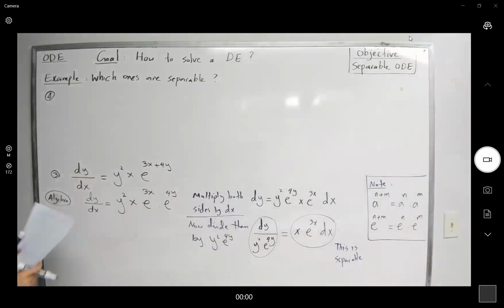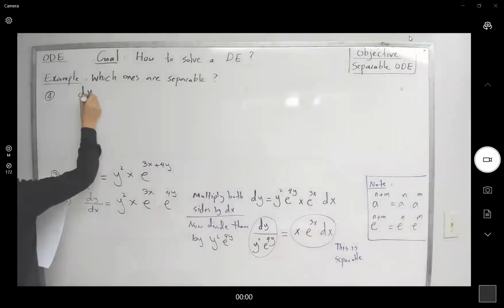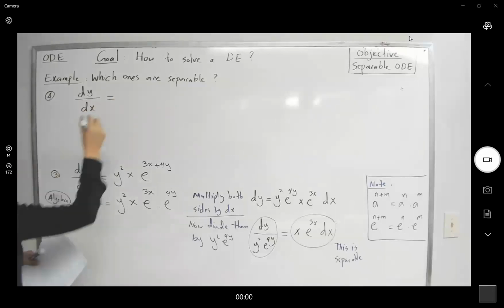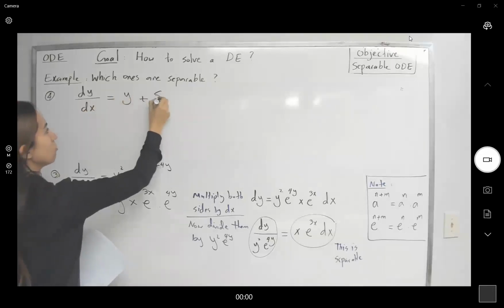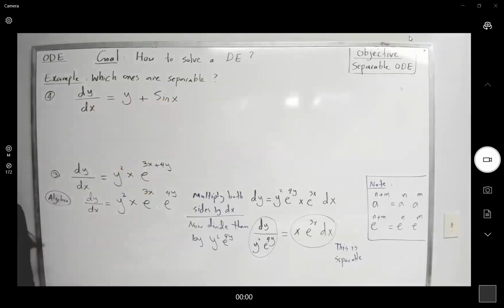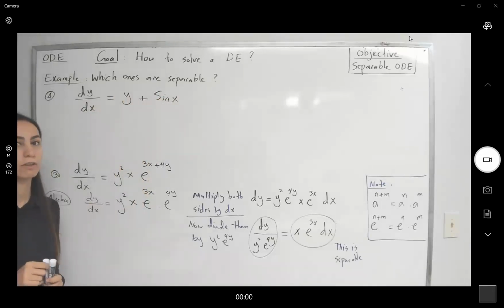For number 4, we have dy over dx, which is equal to y plus sine of x. Is this separable? Remember the definition of a separable differential equation.